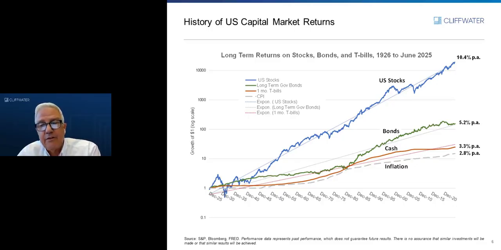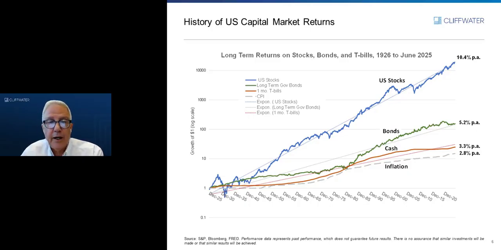Some of that, as I've said before, is PE expansion. If you take out PE expansion, it'd be about 8.4%. So again, we've gone through a couple of decades where the market's gone sideways, but it eventually recovers and stays pretty much along a consistent upward path that is fairly attractive against inflation, shown there at the bottom.